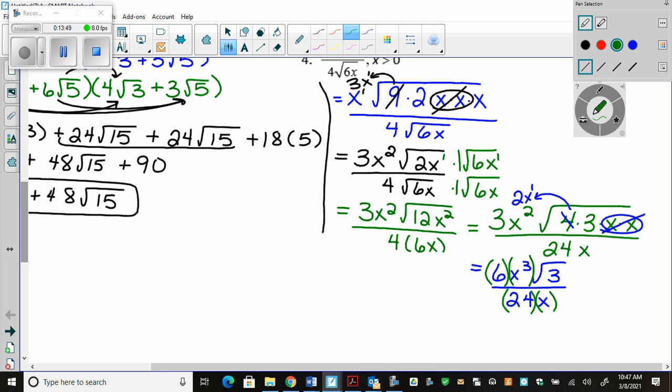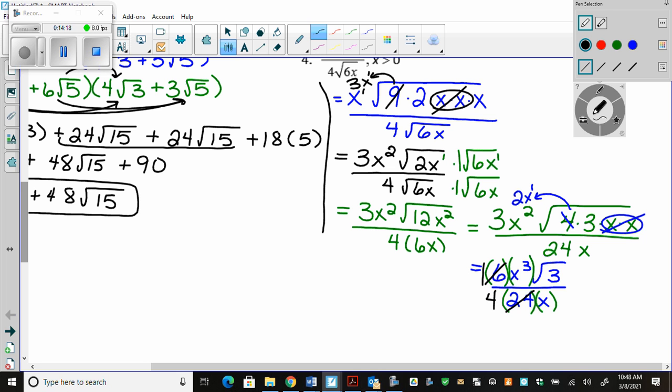Now, because they're both coefficients and there's no plus, are there any plus or minus signs anywhere in here? If there's plus or minus signs, which today is going to happen, we won't be able to do this. But because there's no plus or minus signs, this is one term and this is one term, we agree? If I can take something out of both of them, it can come out. So, out of the 6 and the 24, I can take out a 6. So the 6 divided by 6 is a 1, and the 24 divided by 6 is a 4.